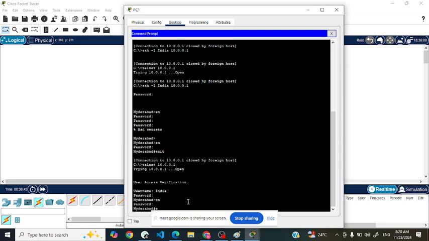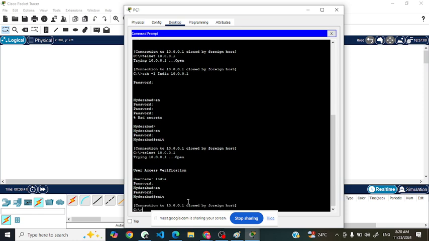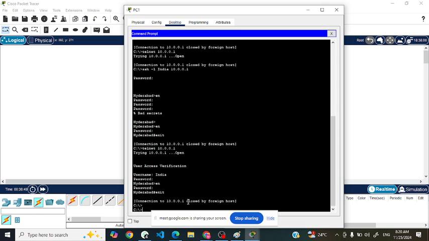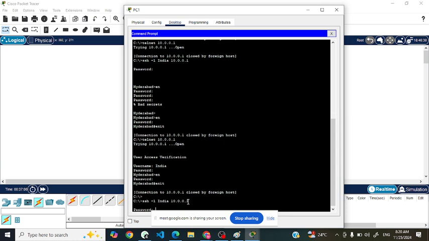Let me open an SSH session. SSH -l. What is the username? India, and then the destination IP address. What was the password?